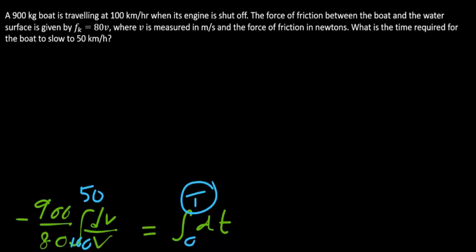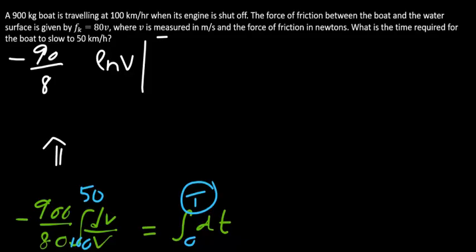So let's do this integral. The left-hand side, you have minus 90 over 8. Integral of 1 over v with respect to v is natural log of v. Now we have to substitute the limits. Upper limit is 50. The lower limit is 100.